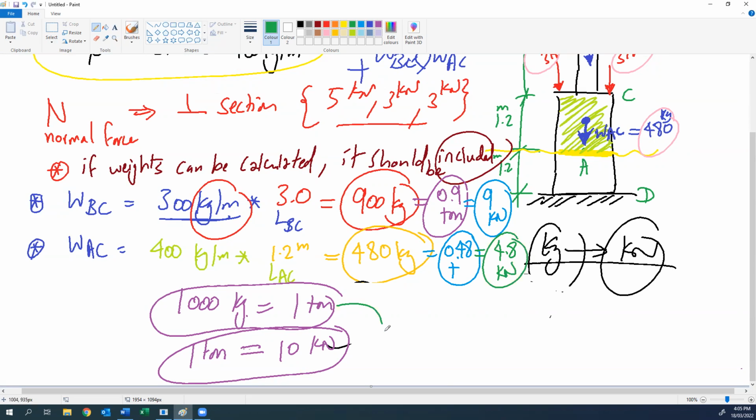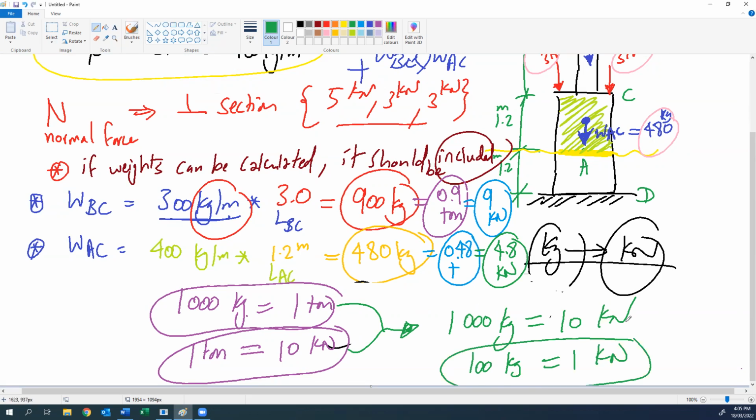If you want to merge these two steps together, finally 1000 kilogram equals 10 kilonewton. So 100 kilogram is equal to 1 kilonewton. So if you want to convert from kilogram to kilonewton, what do you need to do? Divide by 100.